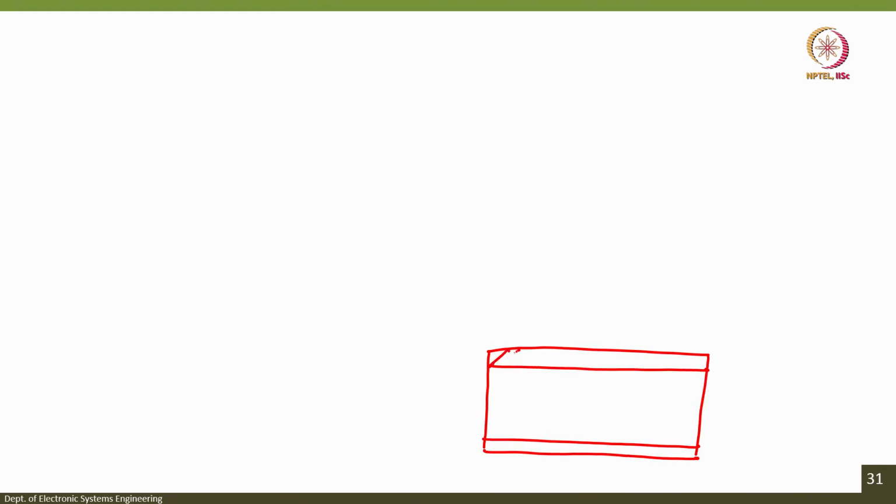Okay. So, we will go one more slide back. Okay. So, we will fabricate, we can take an example of a chip with a micro heater, right, then an insulating material.